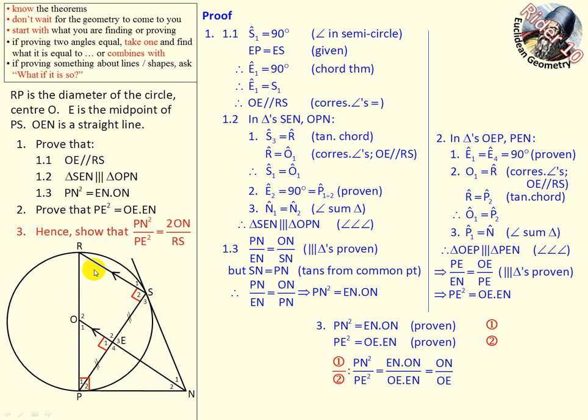So therefore, OE over RS equals PE over PS. And PE over PS is a half. So therefore, OE is half of RS. So instead of OE, I'm going to write half RS. And now when you're dividing by a half, you multiply by 2, and there we are, we have what we have to prove.